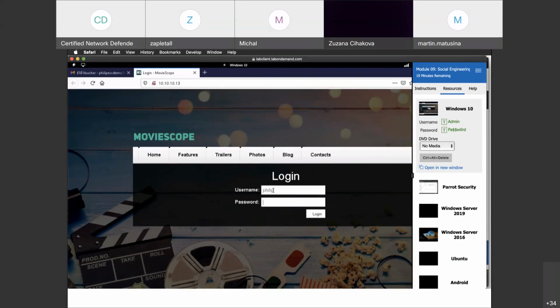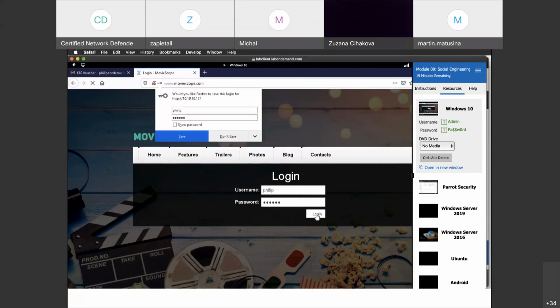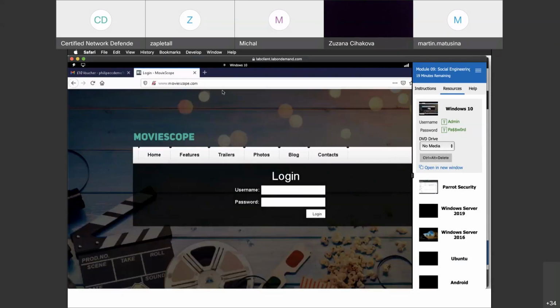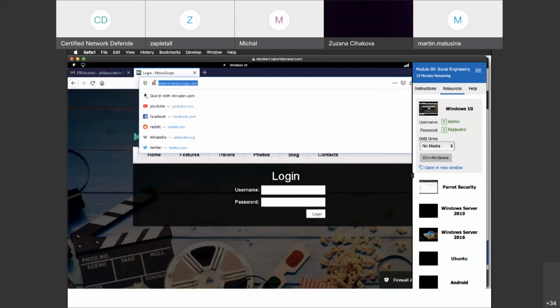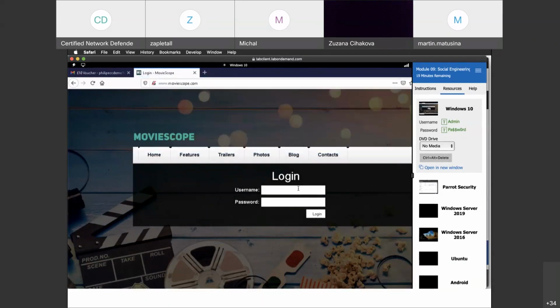So we're going to log in as Philip, and Philip's password is QWERTY, a very popular password. Log in. Now, the eagle-eyed of you would have seen that it's gone from 10.10.10.30 to www.moviescope.com, and actually, what that unsuspecting individual would do is log in to Moviescope as they usually would.